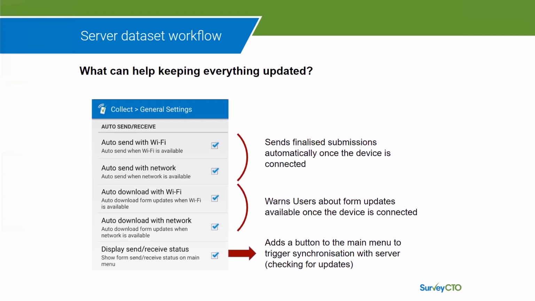This will warn users about any form update available once they are connected to the internet. Of course, you can uncheck the Wi-Fi or network depending on your use case and what kind of internet connection your enumerators are using. And finally, the display send receive status. This will add a button to the main menu that will trigger synchronization and will check for updates available.